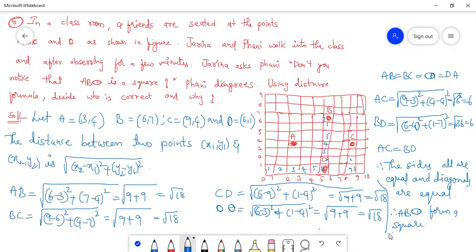Jarina is correct. Funny is not correct. Why? Because Funny disagrees that it is a square. Jarina observes the figure and she says it forms a square. So, Jarina is correct. This is the solution.